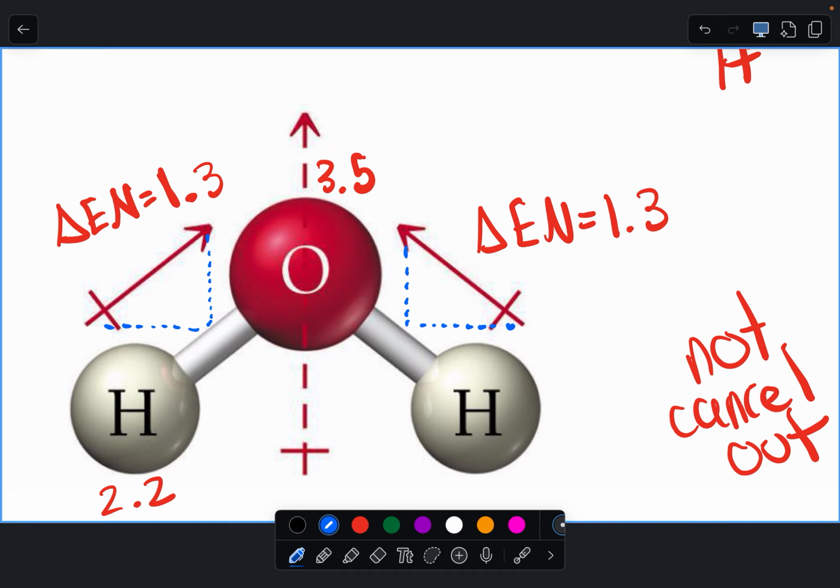So maybe here this would be positive 5 in the X and positive 5 in the Y. And then on this side, it would be negative 5 in the X and positive 5 in the Y. So the X component of that vector would cancel out, but not the Y component.